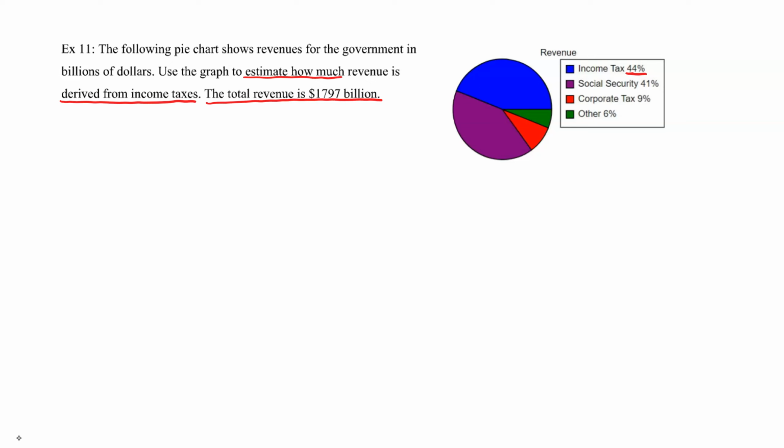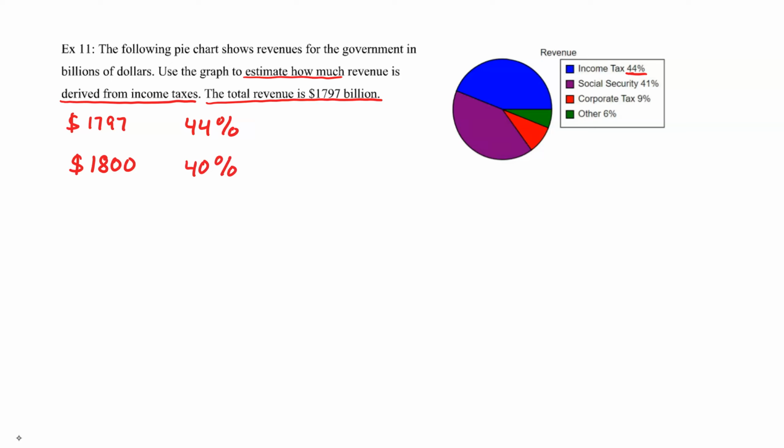So using our compatible numbers, we've got the $1,797 billion. And so the most convenient compatible number for that would be 1,800. We've also got our income tax of 44%. That conveniently could be rounded to 40.